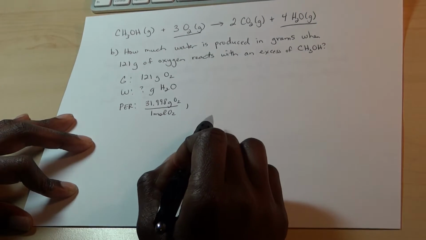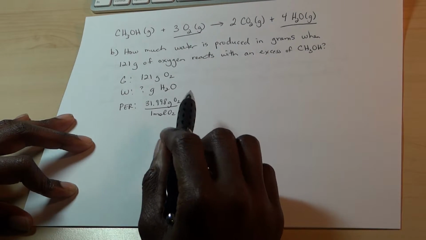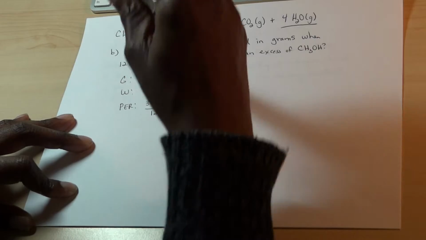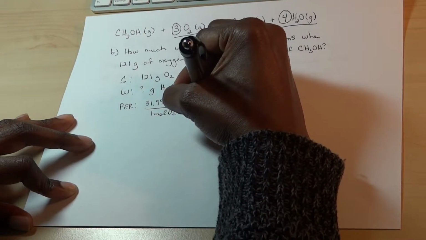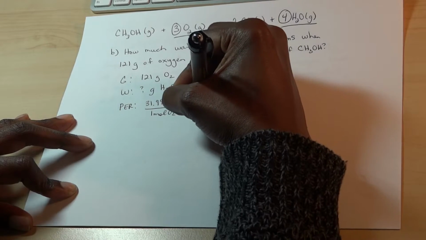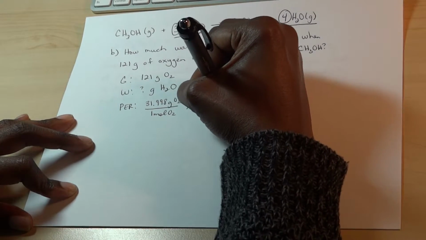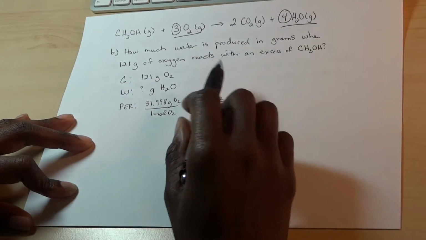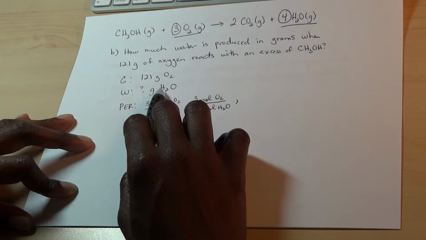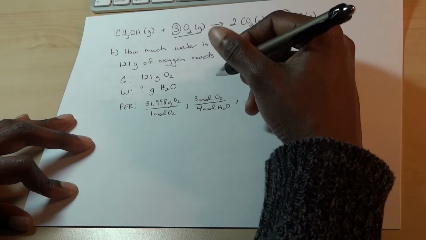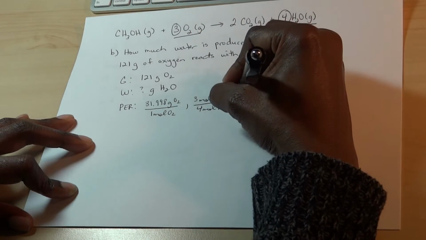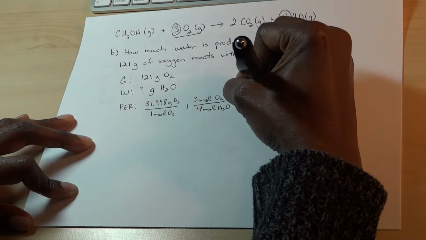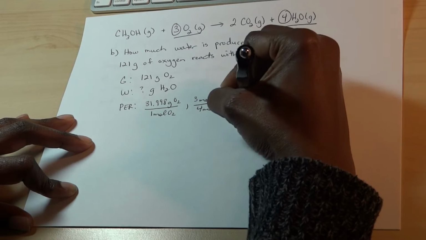Then our mole to mole ratio between these two: 3 moles of oxygen over 4 moles of water. And then the molar mass of our wanted, which is water, 18.015 grams of water per mole of water.